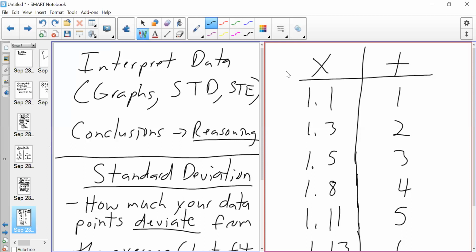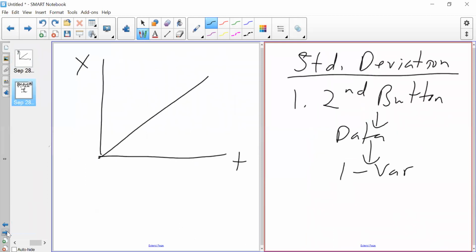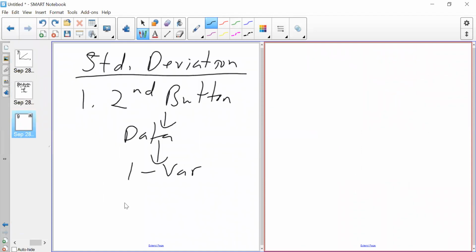One more thing we're going to do with our data points is calculate the standard error. So quickly, I know I've gone over my time, but hopefully we can get all this in here.